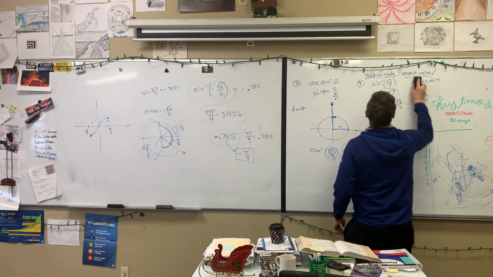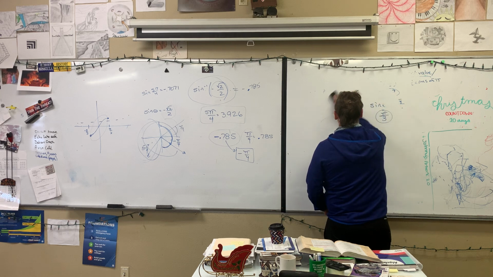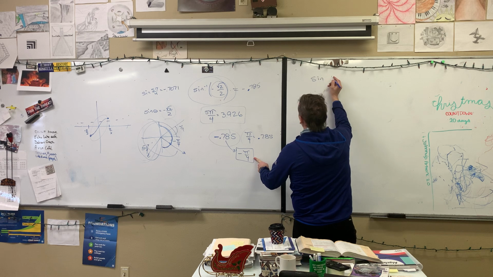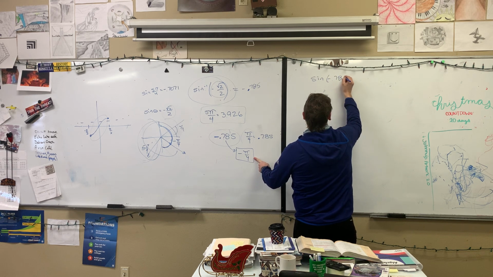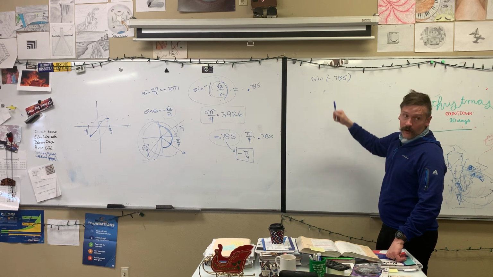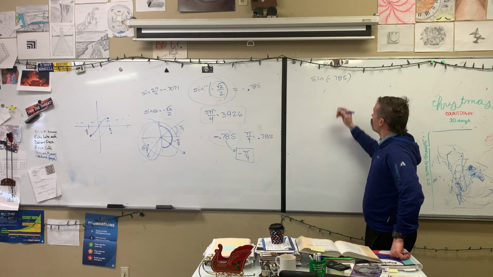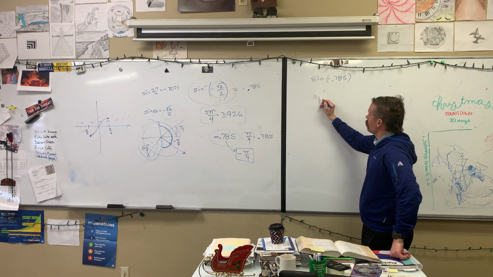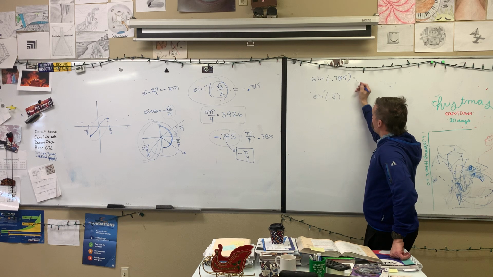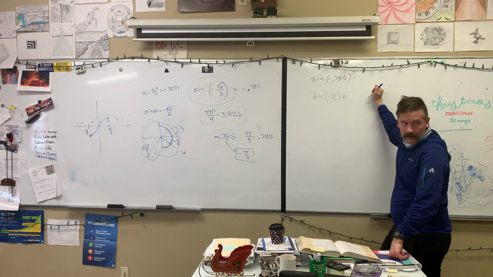So shouldn't we be allowed to plug that back in, and shouldn't it give you root 2 over 2? If you say what is the sine of negative 0.785, shouldn't that give you negative root 2 over 2? Well, this is rounded. I know, but if you plug in sine of negative pi over 4, shouldn't that give me that? What do you get when you plug in sine of negative 0.785? You put a subtraction sign instead of negative.